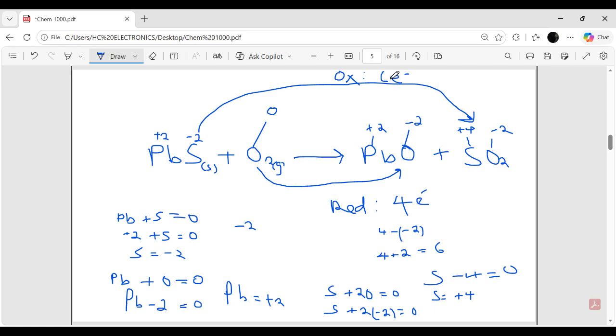So now for you to balance these electrons, by what factor are you going to multiply this equation? Here you have 6, then here you have 4. So the easiest way to do this is just multiplying by, for example, here there is 4, so you're going to multiply with 6. Then here there is 6, you're going to multiply with 4.